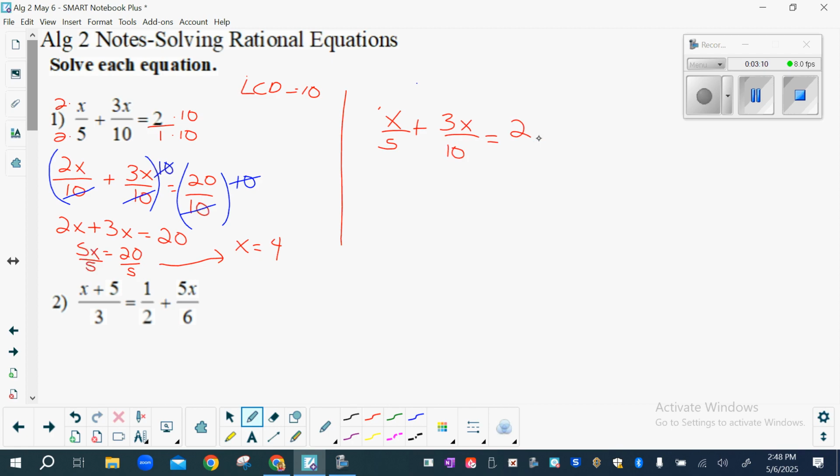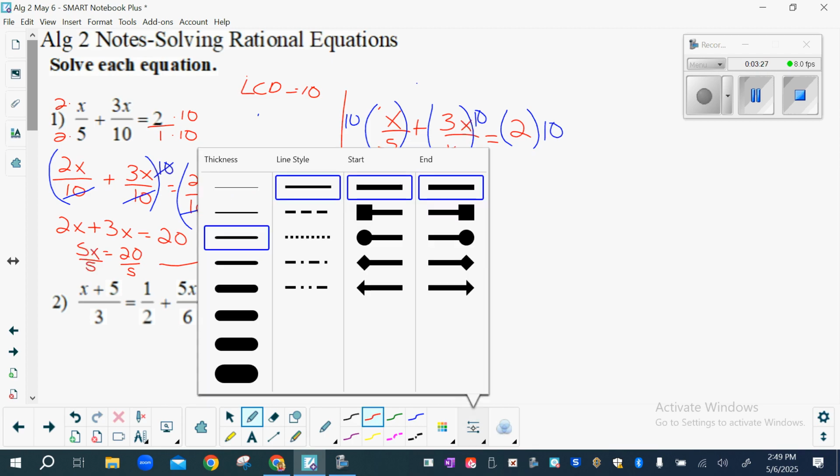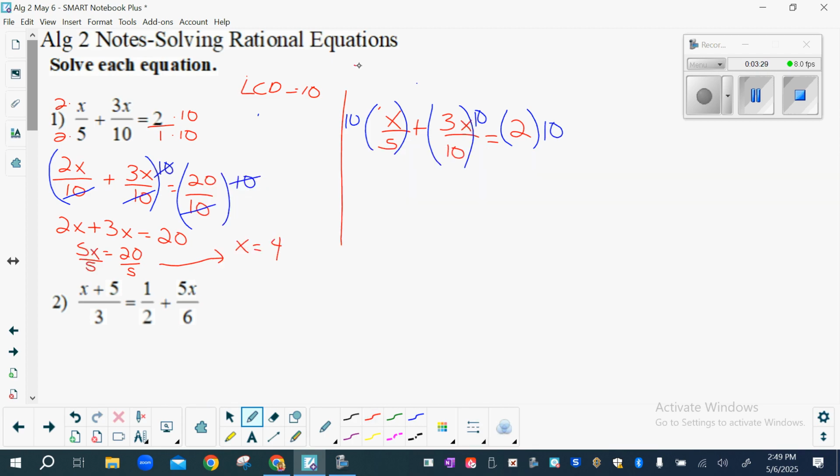so my least common denominator is 10. So what I can do is I can right away multiply both sides by 10. So I'm going to write it on both of these because that's multiplying that side by 10. And I'm going to write it on this one. So how many 5s in 10? 2.